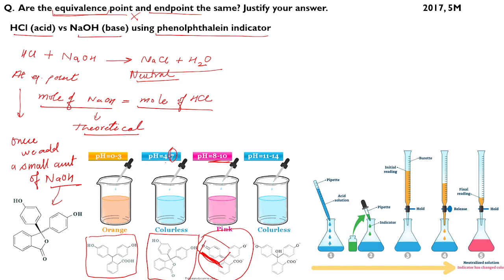We take the acid, we add a small amount of indicator, then this is the initial reading when we started the NaOH, and once the amount is reached, this is the final reading. But experimentally we take this reading when we observe the color as pink, and from here you can understand that some extra NaOH needs to be added to get this pink color.